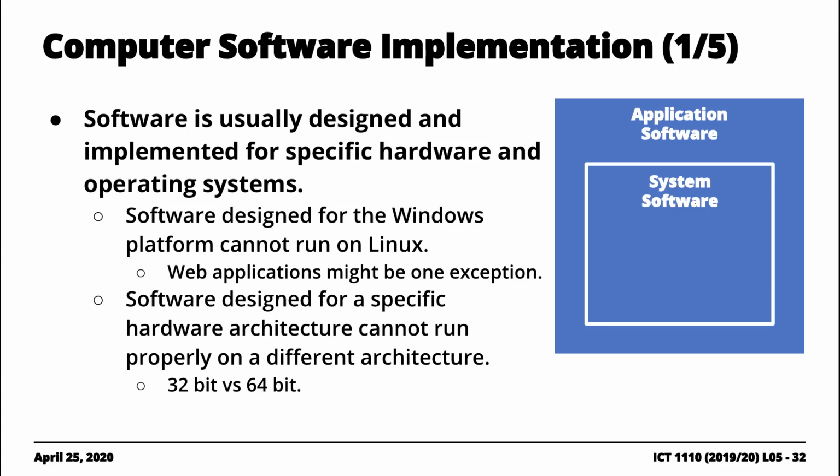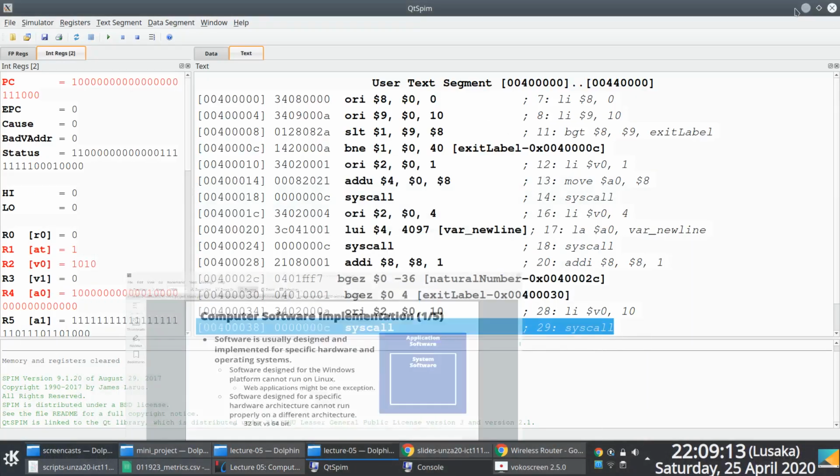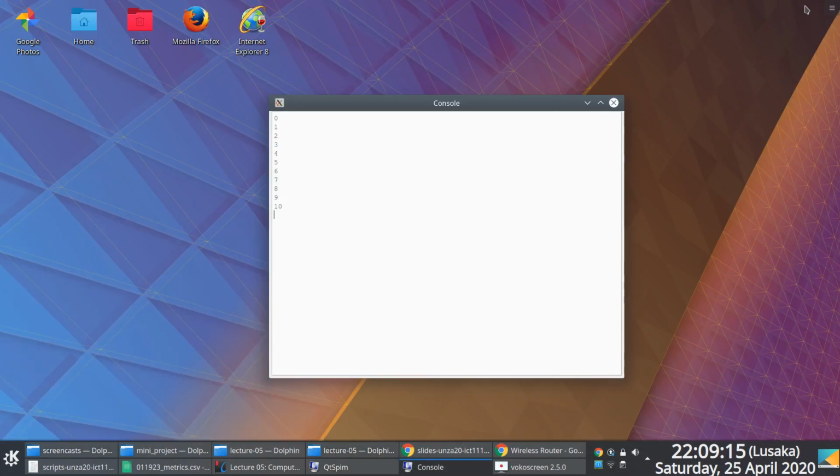Although these days, you could use emulators to be able to execute Android applications on, let's say, a Windows operating system or a Linux operating system, right? But it doesn't take away the fact that software is typically implemented for a specific hardware and for specific operating systems, right?